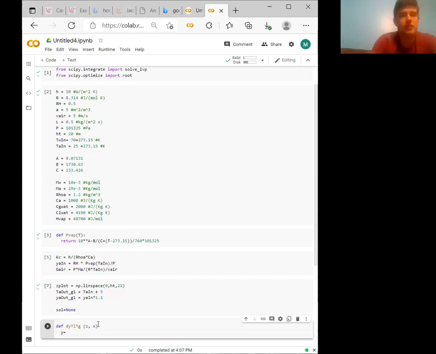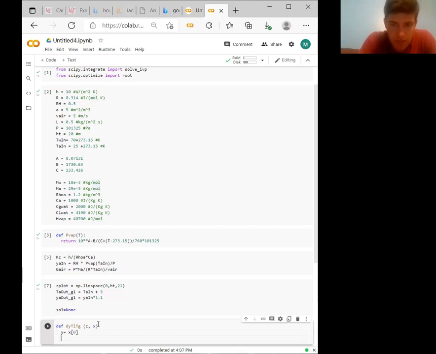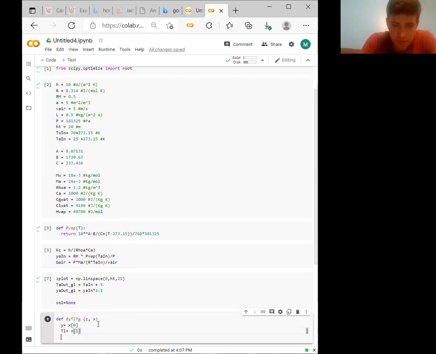First, the molar concentration of the gas, which would be the first one. Then the temperature of the liquid, which would be the second one. And last but not least, the temperature of the gas, which would be the third one.